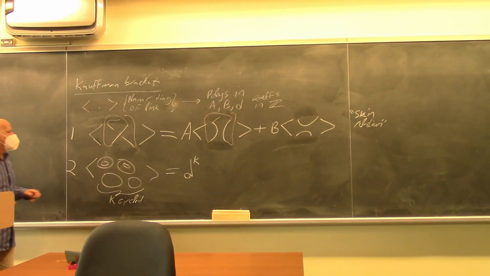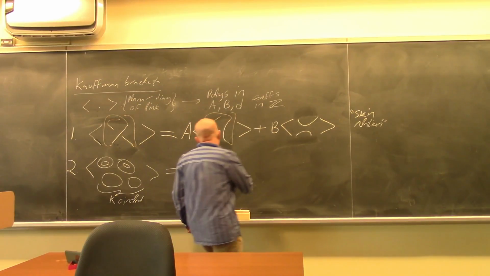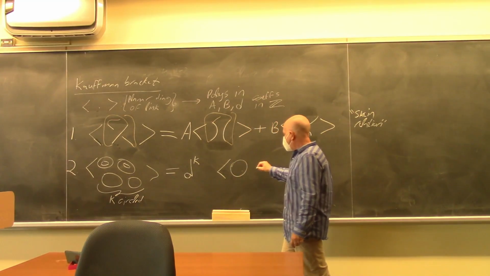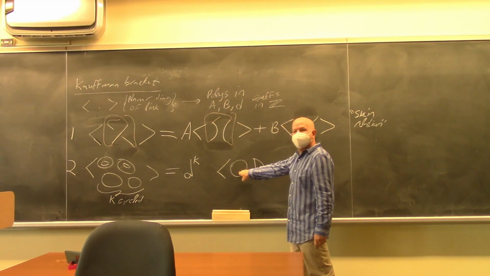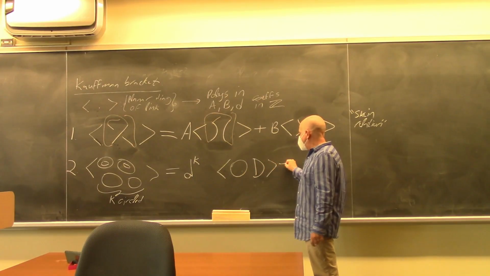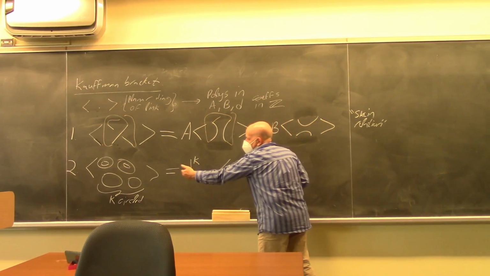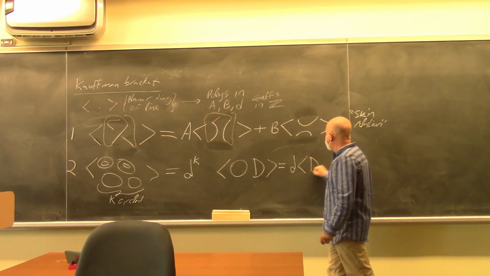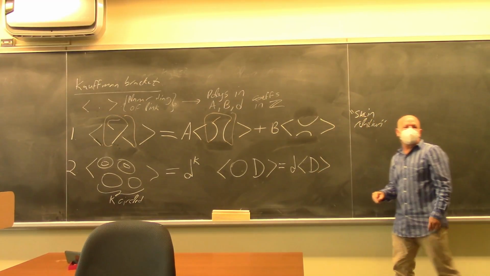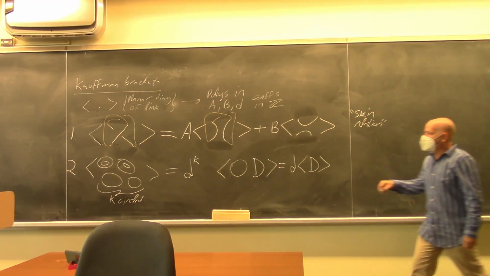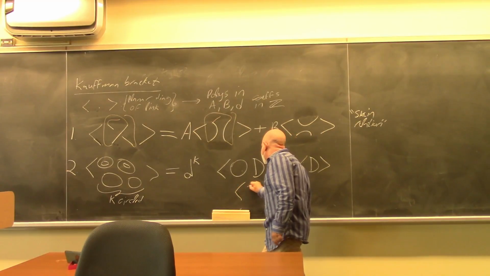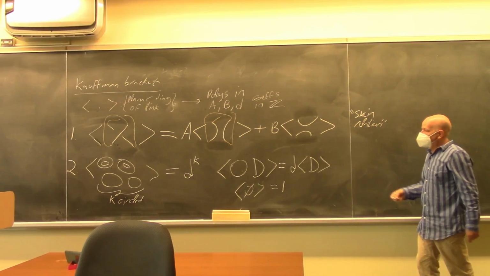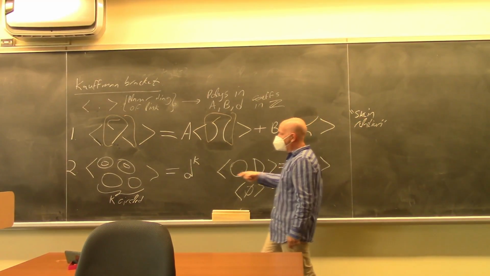Or I could say it in a different manner: if you have a circle and then the rest of the diagram, the circle factors out and gives a factor of d. So the bracket of that is d times the bracket of uppercase D. Oops, sorry for the name clash. And then the bracket of the empty set is 1. And this definition is equivalent to that one.